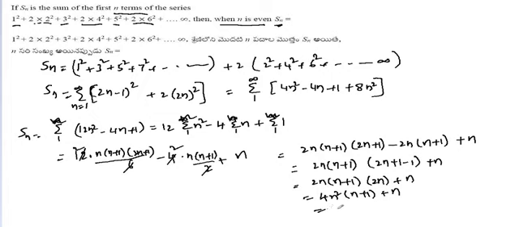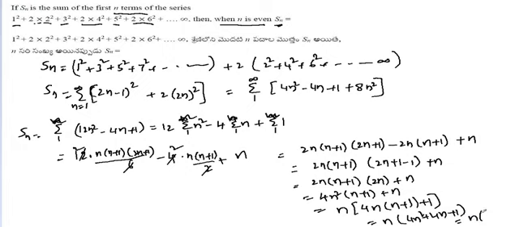Taking n common again, that is n into 4n into n plus 1 plus 1, that is equal to n into 4n square plus 4n plus 1. This 4n square plus 4n plus 1 is 2n plus 1 whole square. So Sn is equal to n into 2n plus 1 whole square.